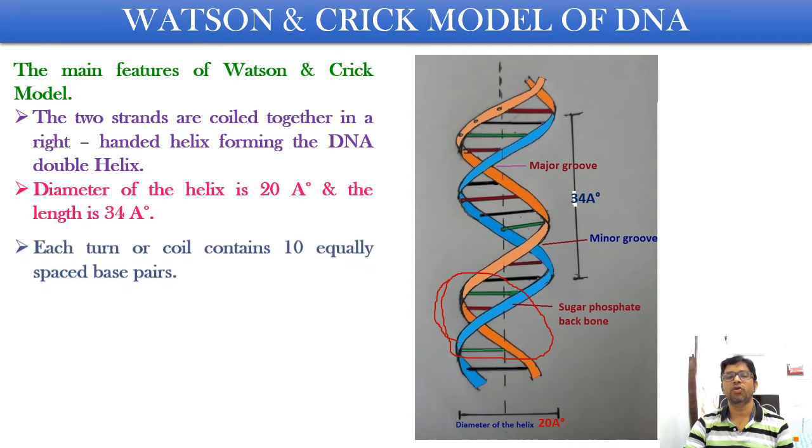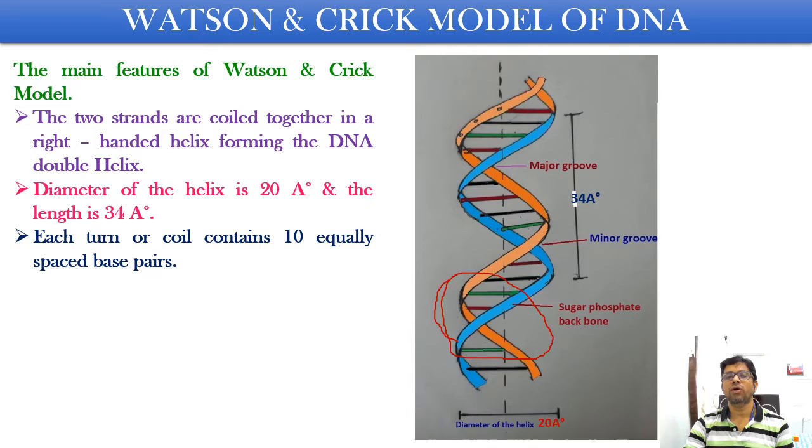And the length of each coil is about 34 angstroms. This is a complete coil, which rotates 360 degrees, and the length of this turn or coil is about 34 angstroms.